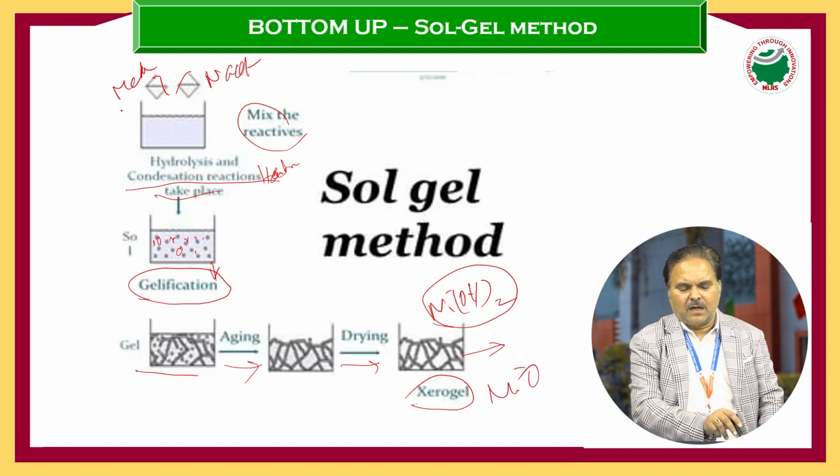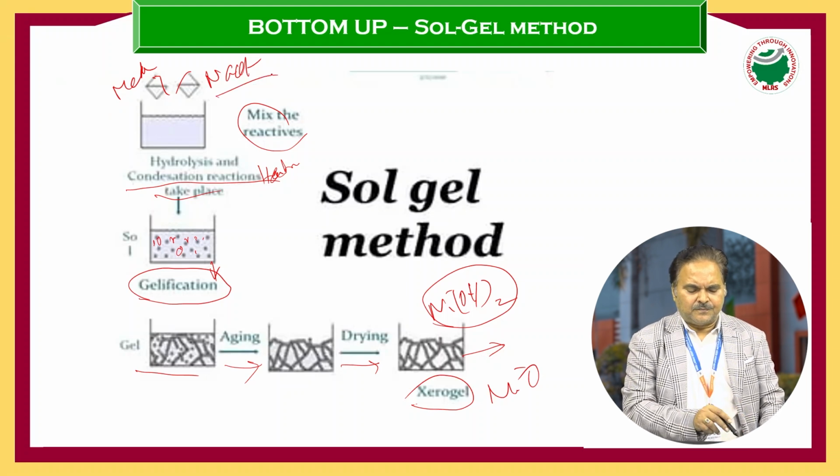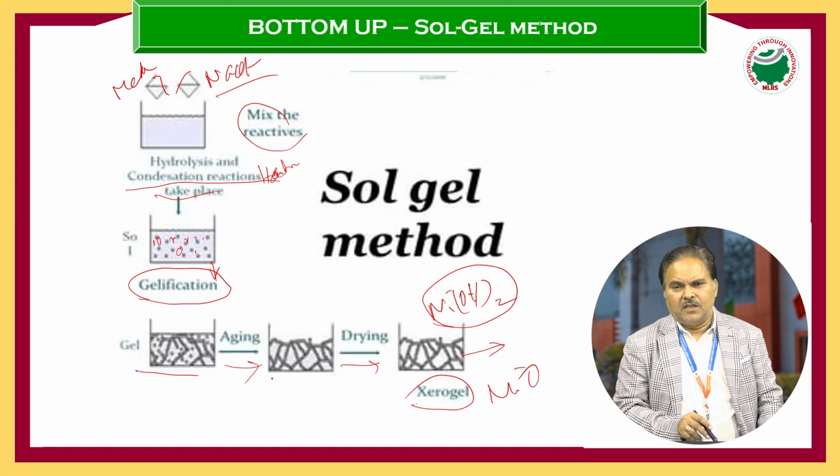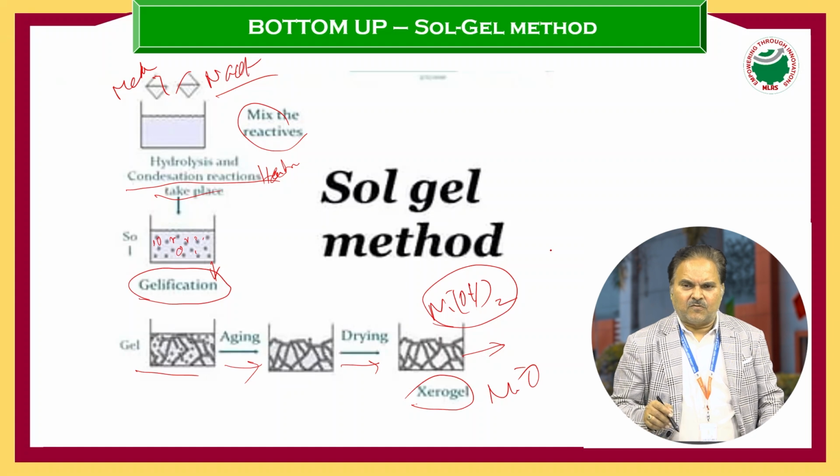Initially it is nickel chloride or nickel nitrate, then NaOH, mixed together, then wait some time. If it forms the gel or solution, then gelification, then you remove the water, aging, drying, then aerogel. So aerogel is nothing but NiOH. This is a continuous network.